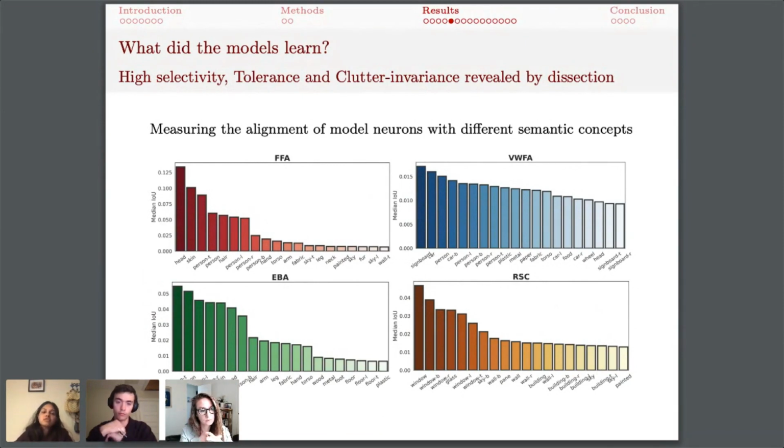For example, in the case of FFA, we see best alignment with the head concept, which is a useful proxy or synonymous with faces. In the case of visual word form area, we see the highest alignment with signboards, which mostly contain words. In the case of the EBA, we see alignment with persons, which comprises body parts as well. And in the case of RSC, we see the highest alignment with windows and other scene relevant concepts like buildings, etc.